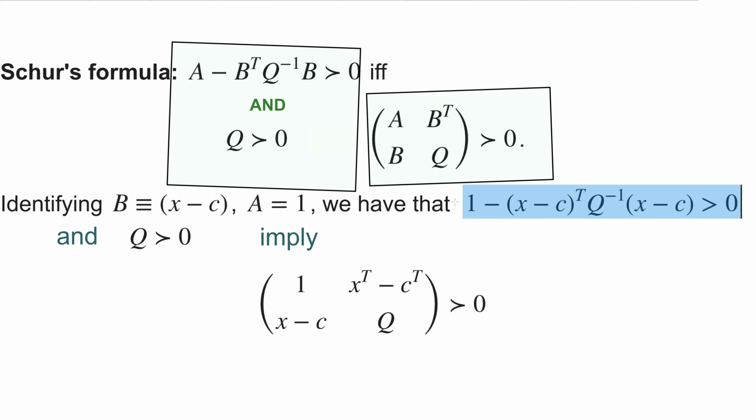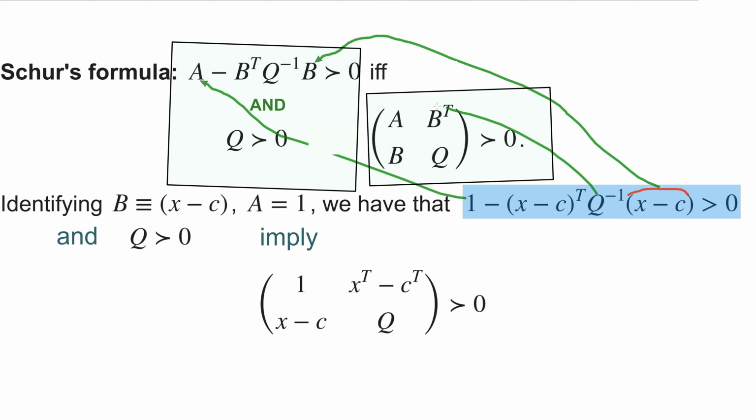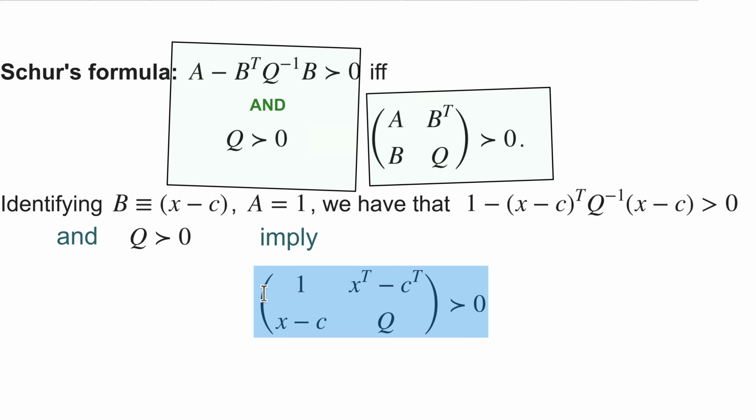and then if 1 is A, x minus c is B, and Q is Q, then if the ellipsoid is non-degenerate, Q strictly positive definite, then x is in the interior of the ellipsoid if this happens.